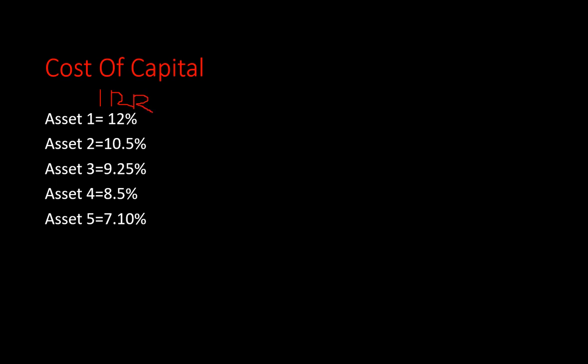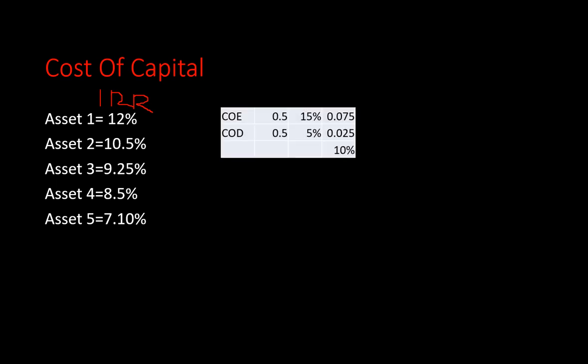Using our existing cost of capital, or weighted average cost of capital, which was computed earlier, we can say that asset 1 and 2 are acceptable because the IRR is higher than your cost of capital. But since we now know that the cost of debt is cheaper than the cost of equity, and since we are all humans, by nature we are greedy, we'd like to have more assets or more investments that are acceptable. How do we do that?